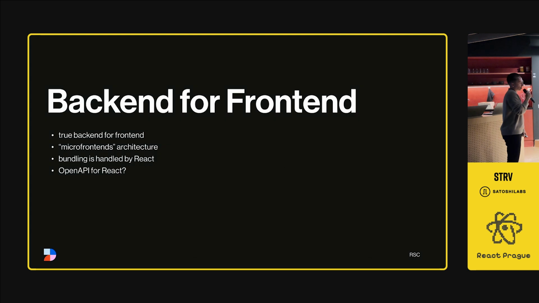And I think RSC is the true backend for frontend. You can really narrow down the data transfer for that. And I think RSC is becoming the OpenAPI for React.